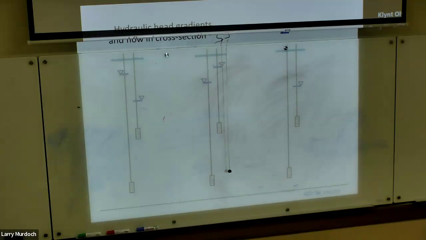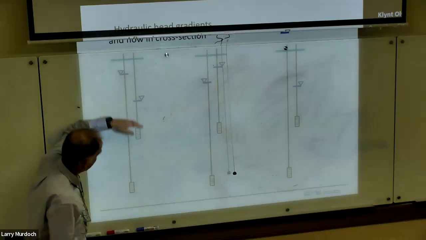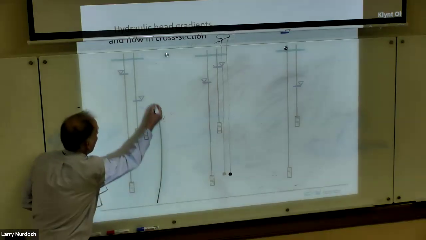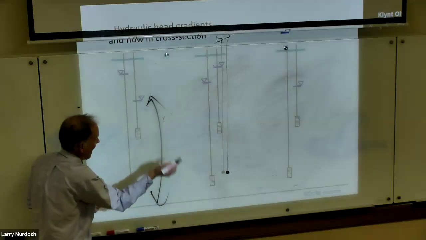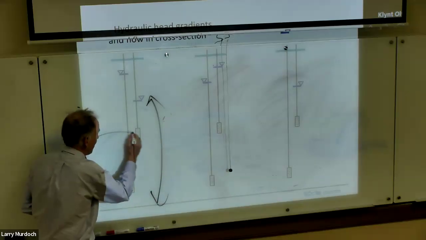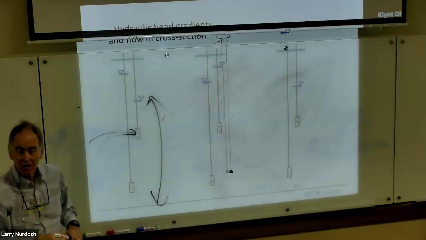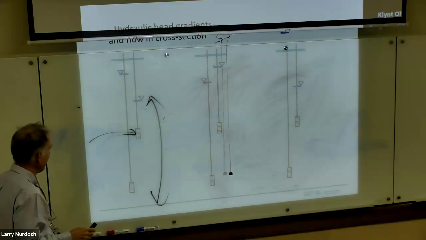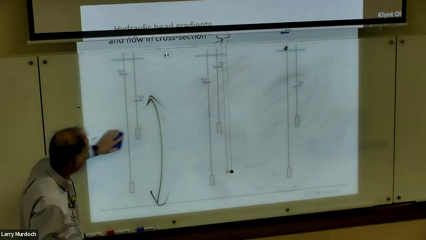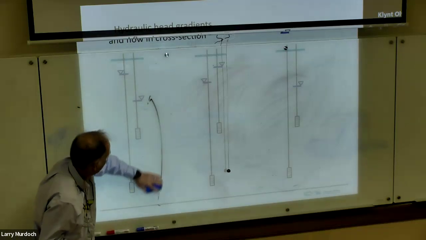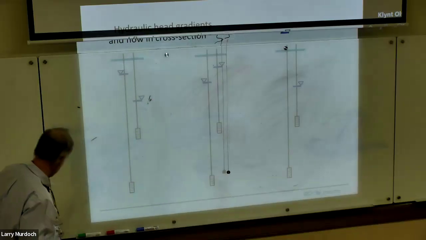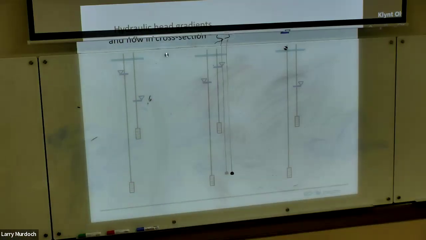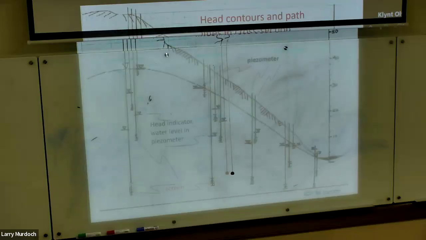Okay, the key thing is that is the hydraulic head, that length, and it applies there. So we get like a single value that is a measure of the hydraulic head from that length, and it applies to the screen on the piezometer.